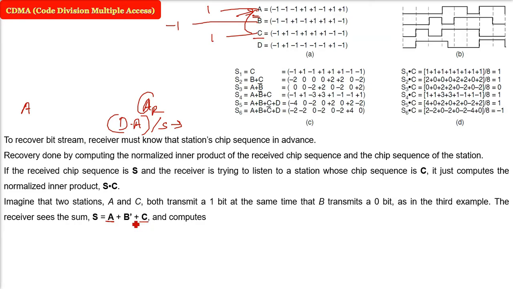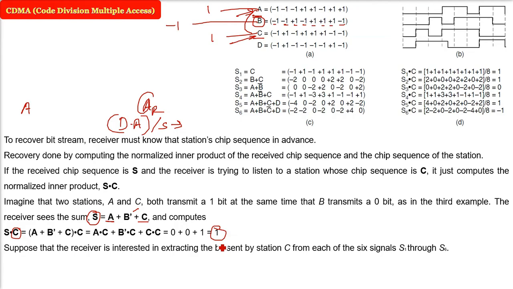Pairwise, so A and C chip sequence, and B will be the negation, the complement. Whatever you get, you multiply with C.